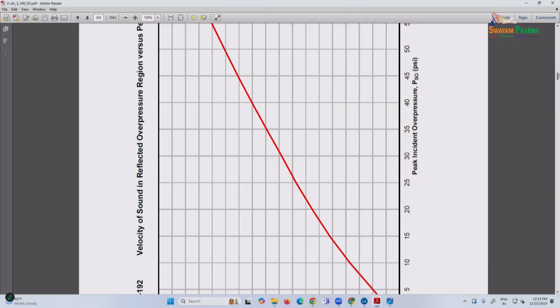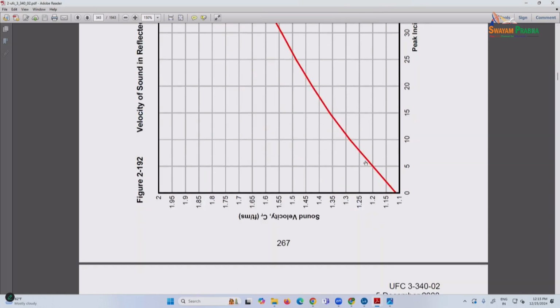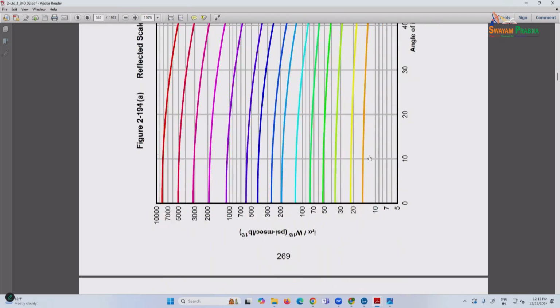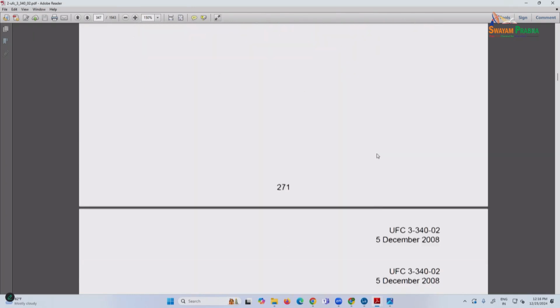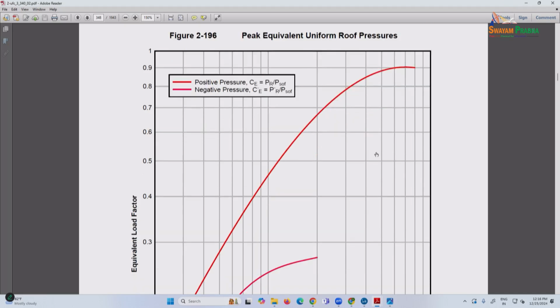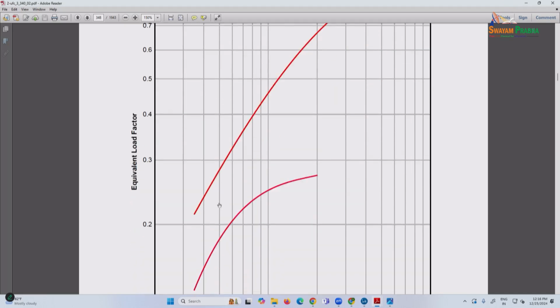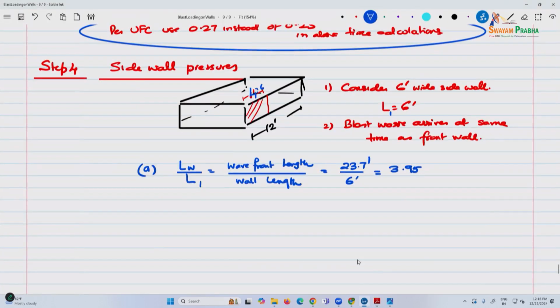So here you have positive CE and negative CE for a given value of LWF by L. So let's be consistent with the terms.